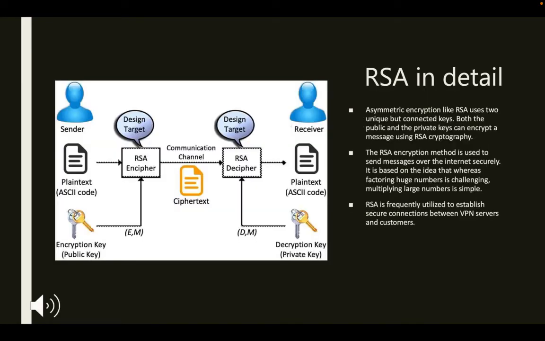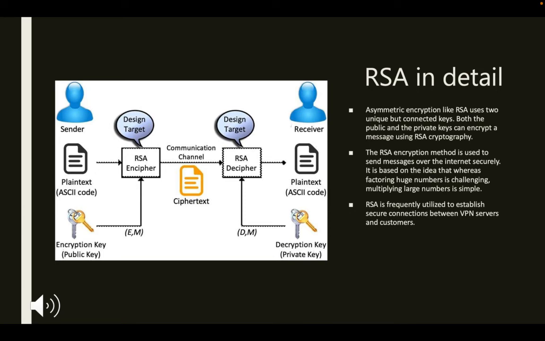Asymmetric encryption, like RSA, uses two unique but connected keys. Both the public and the private keys can be used to encrypt a message using RSA cryptography. A message is decrypted using the opposite key to that which was used to encrypt it. The RSA encryption method is used to send messages over the internet securely.